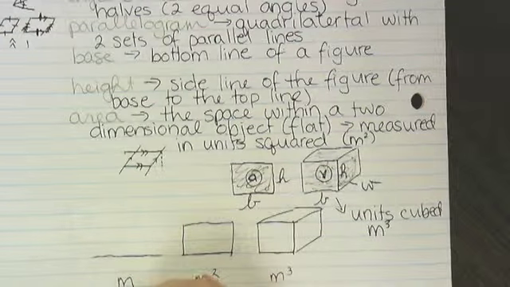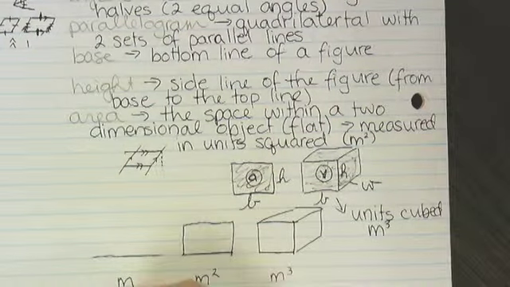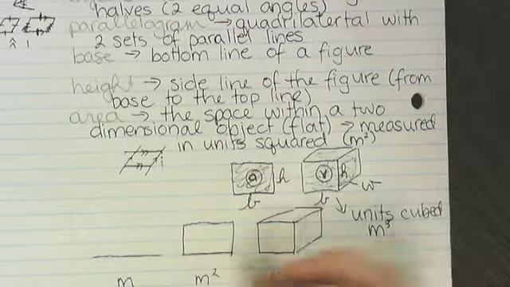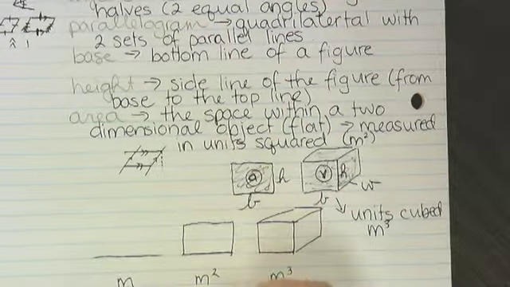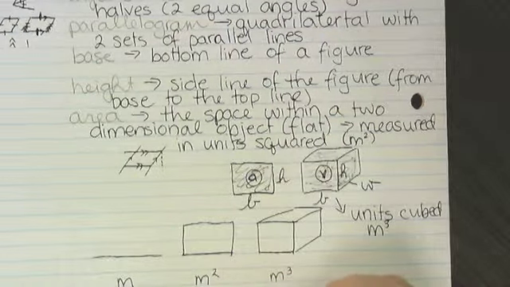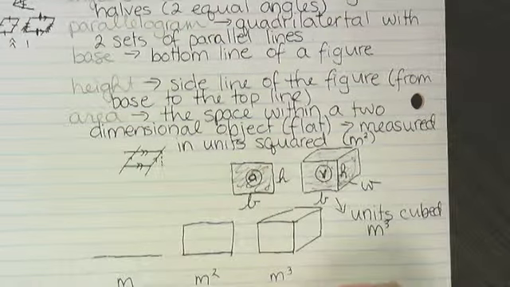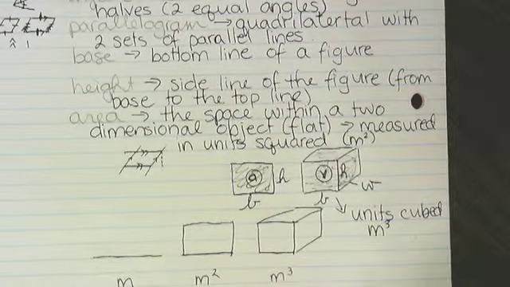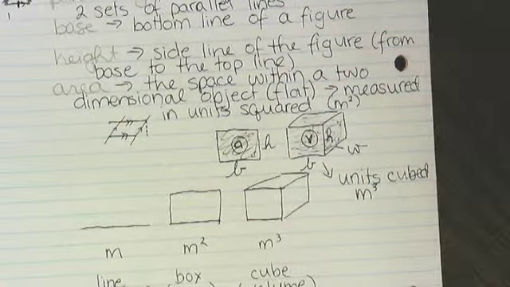This is a line, or distance. This is a box, or area. And this is a cube, or volume. Any questions about the terms?